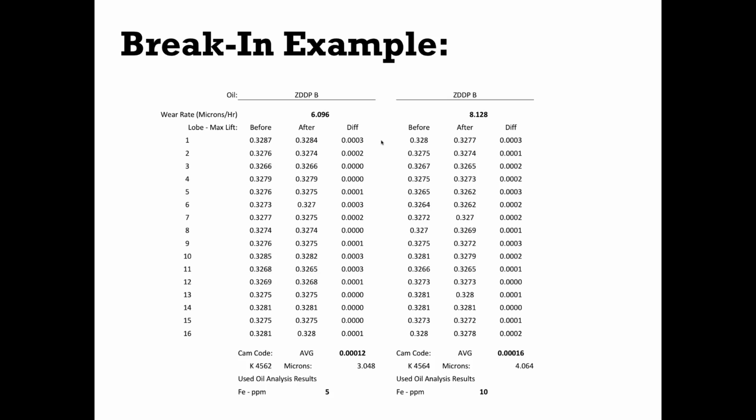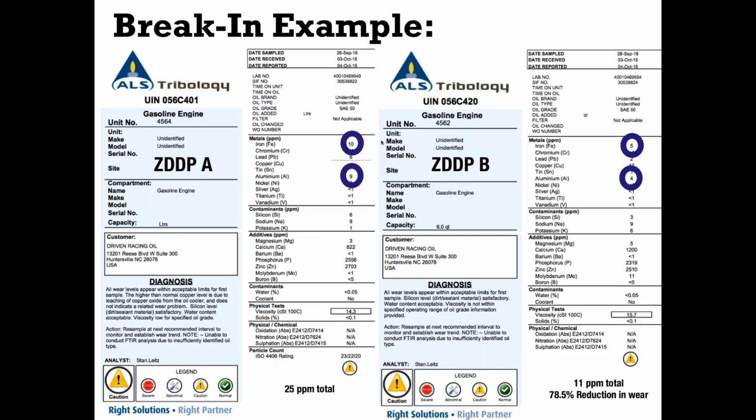And then you can go a step further and look at the oil analysis report. ZDP-A produced 10 parts per million of iron wear metals and 9 parts per million of aluminum wear metals, versus ZDP-B that produced 5 parts per million iron and 4 parts per million aluminum.